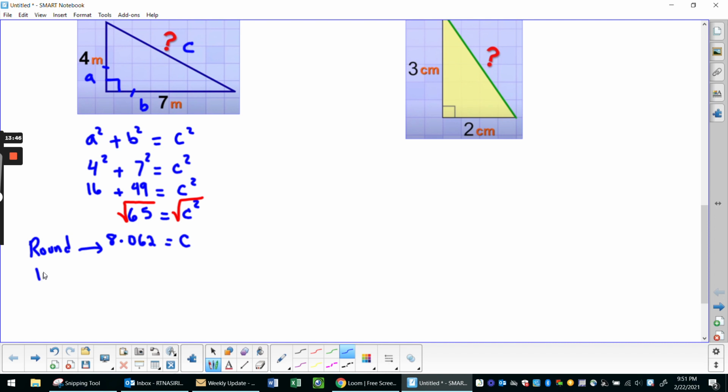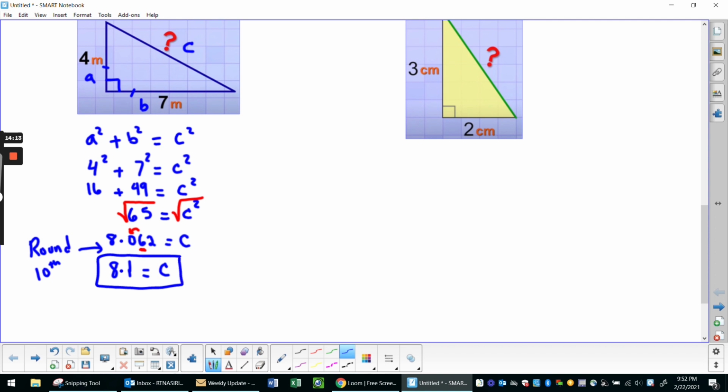Round to the nearest tenths, which means I'm going to look at the hundredths, right? And if this is 5 or more, I'll round this up. So I need to round it up because it's a 6. So 8.0 rounded up is 8.1, and there we go. 8.1 is C. So I can just write that in there.